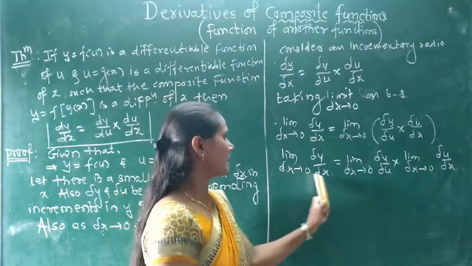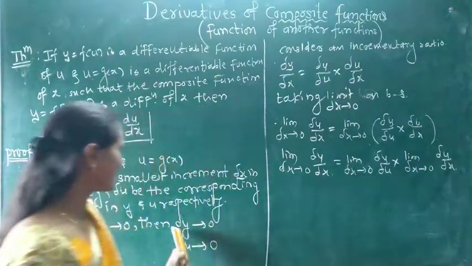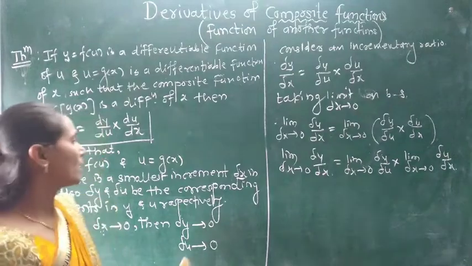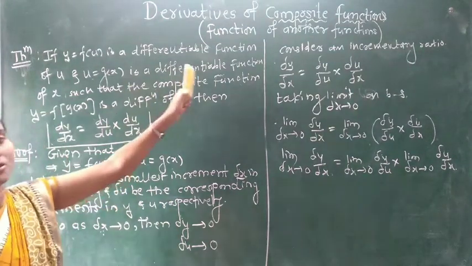Now as delta x tends to 0, delta u also tends to 0, because we know that u is a function of x.